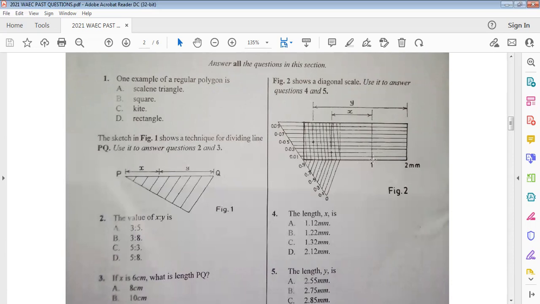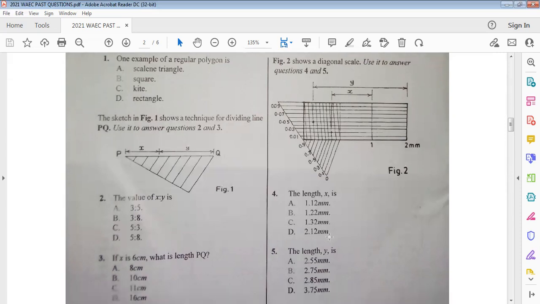Here we have 1, then 1.1, 1.2. Then we have 1.21 and 1.22. So the answer is option B, which is 1.22 millimeters. That is the answer to question 4.